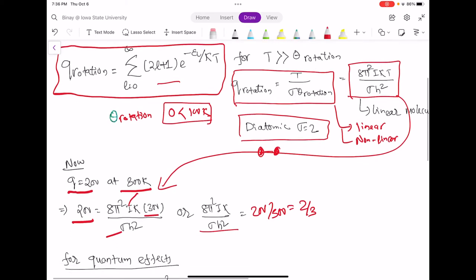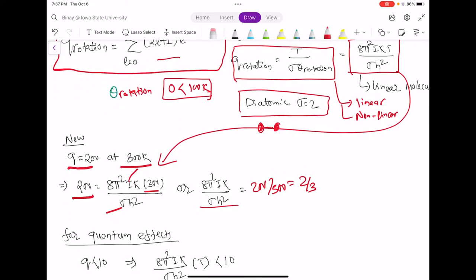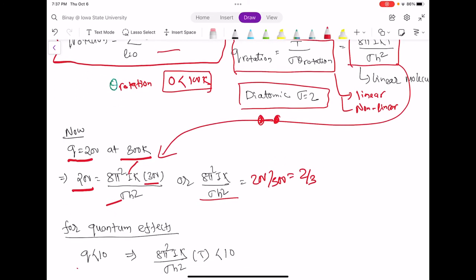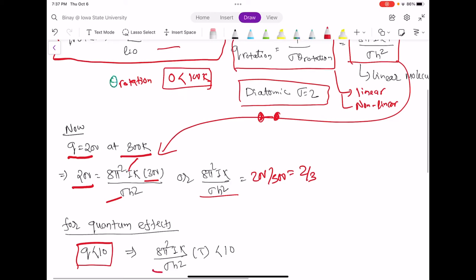Next step is for quantum effects. For quantum effects, what do you want? We want q less than 10. This depends on the question; as I said, there is no specific value for quantum effects, and quantum effects always happen if your system is at the atomic level. So q is less than 10, which means this whole constant into T should be less than 10.